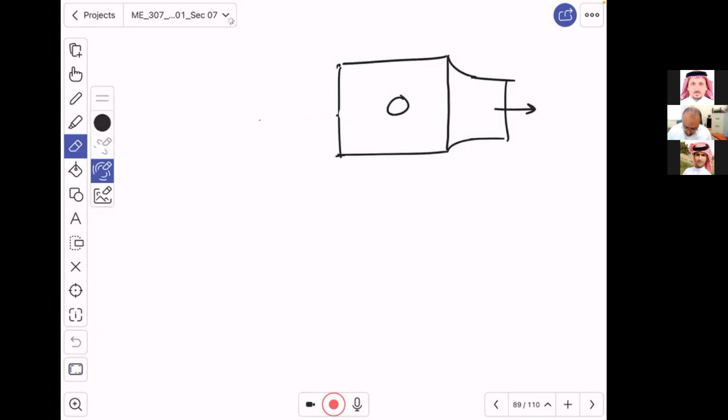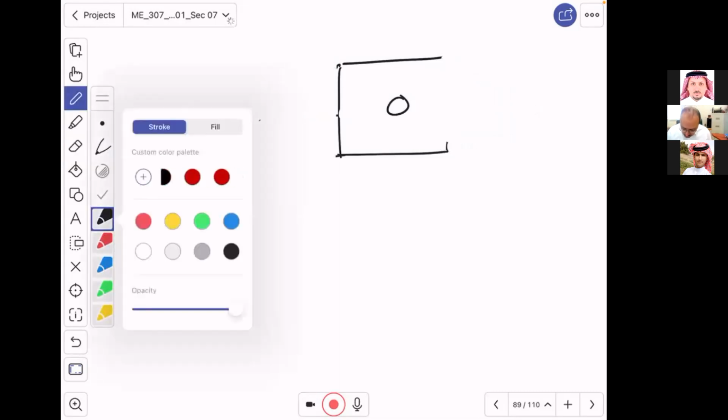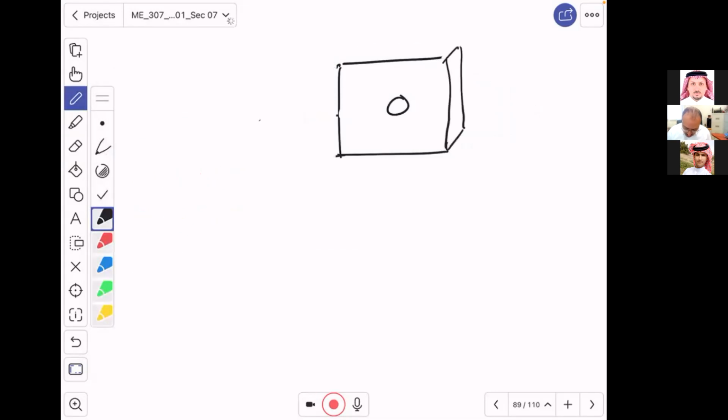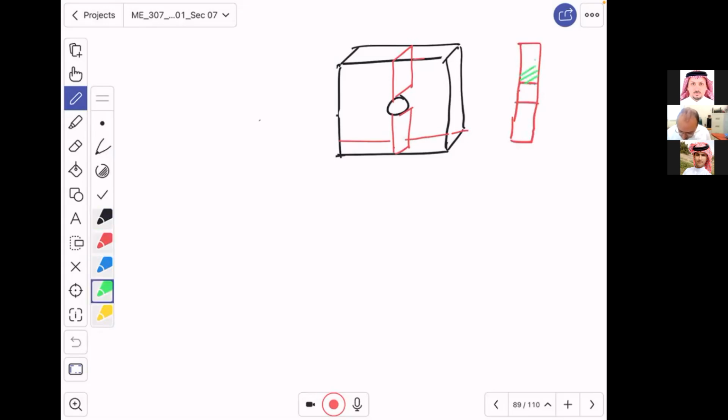Now we need to analyze this part. Now this part is rectangular like this, but we are going to consider the part at the hole. If we consider this part, the area will be like this. There is a hole here.